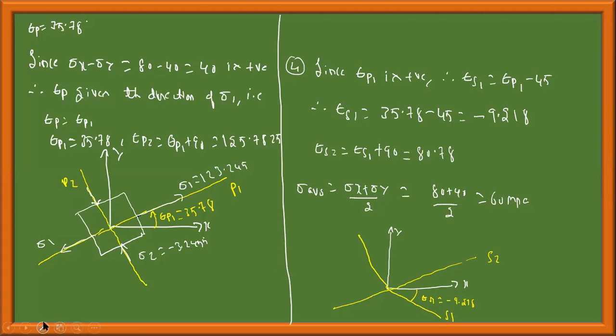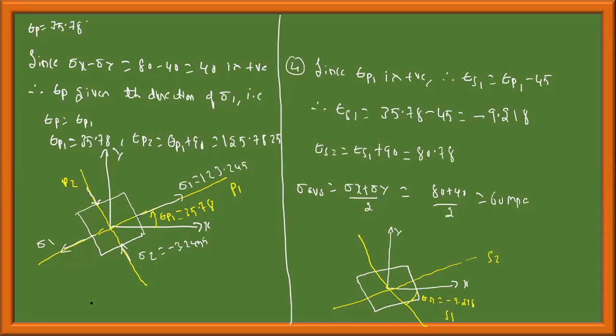If I draw the plane, it will be like this. This plane should be drawn properly. Assume this is minus 9.28. This is just some plane, and on this plane, this should be perpendicular. Even though I have written like this, this line and this line should be perpendicular.